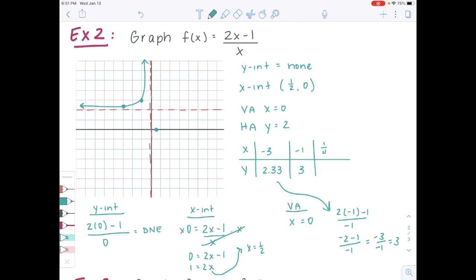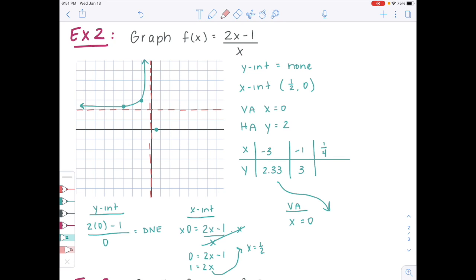I'm going to be crazy and plug in 1/4 here. I'm just picking numbers to get an idea of what my graph looks like. I already have a point over at 1/2, which is right here. So I just want to get a little closer to my asymptote.